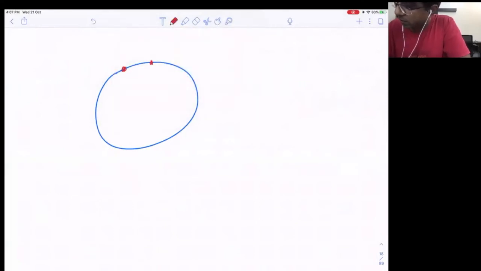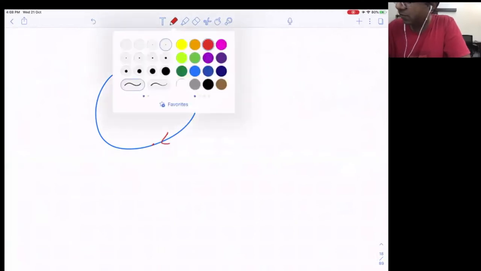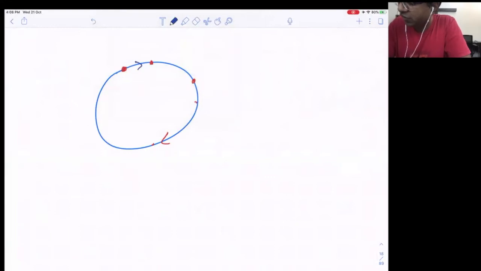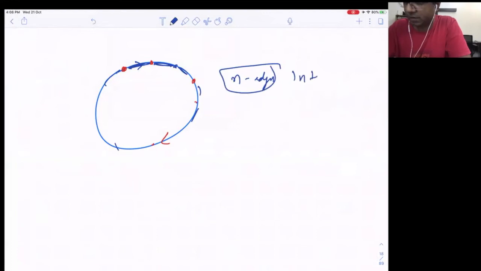Suppose you just orient them in some direction and everybody just proposes. So this guy proposes this edge, this guy proposes this edge, and so on. So look, you have proposed n edges in the first round itself.